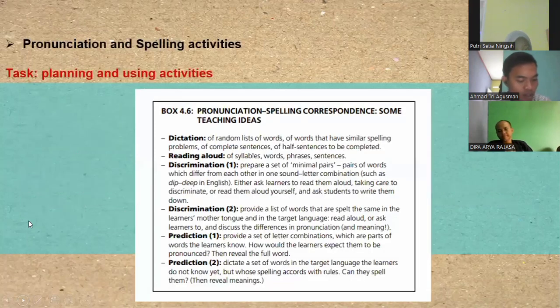Pronunciation in spelling activities. A number of ideas are listed in box 4.6. Planning and using activities. Choose three activities for teaching, raising awareness of, and practicing pronunciation, spelling, correspondence in the target language.